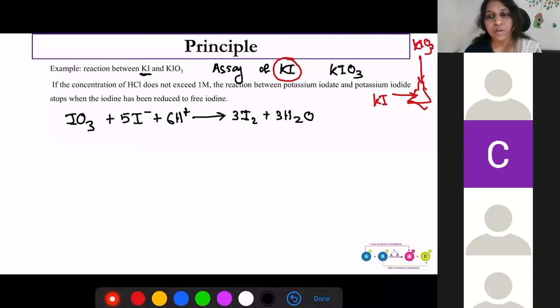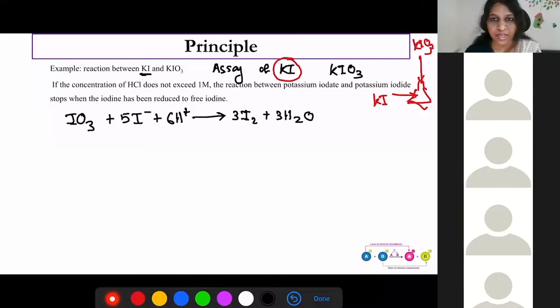I assume everybody is understanding till here. We are looking at an example of assay of potassium iodide by iodate, where KI is in the conical flask and potassium iodate is the titrant.